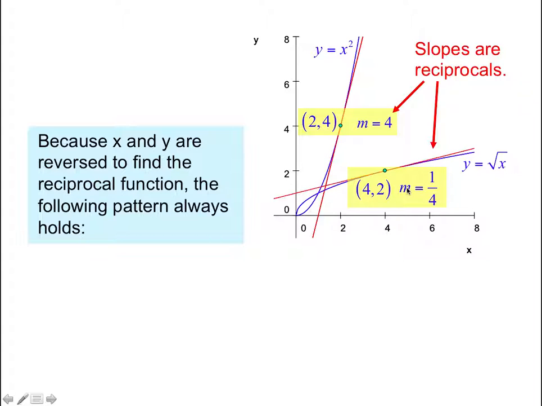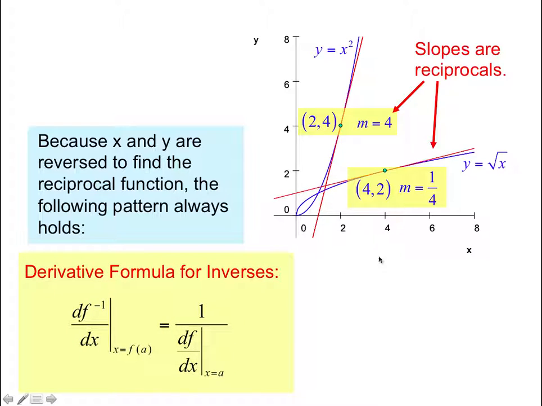So we know that the derivatives are just reciprocals of one another, which is a nice pattern to see. Because then what we can say is if we have an inverse of a function and we want to evaluate its derivative, then we just take the reciprocal of the derivative of the function at x.